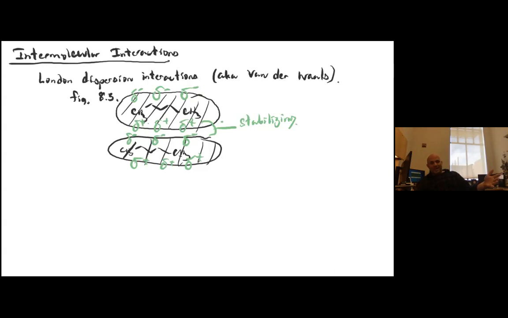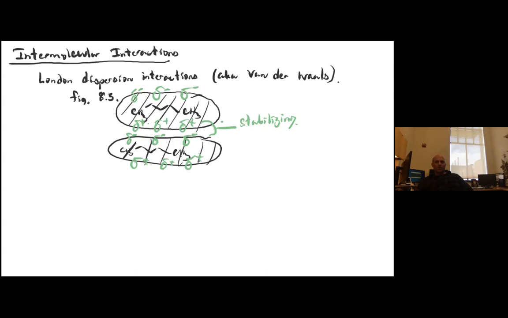And the reason is that you get these transient polarizations where you can get delta plus next to delta minus, and anytime you bring opposite charges together, that's stabilizing. So it might seem counterintuitive, but in fact, it's a lower energy state to be inducing these transient dipoles rather than just sitting absolutely static.